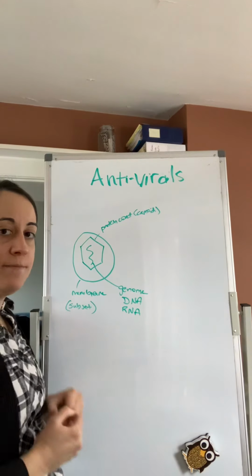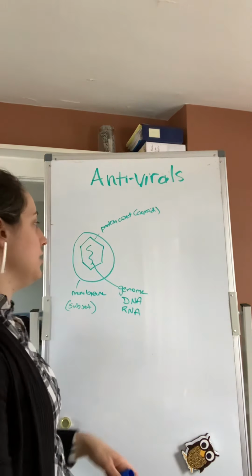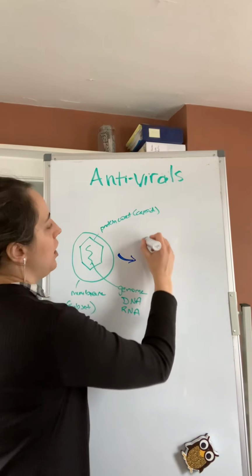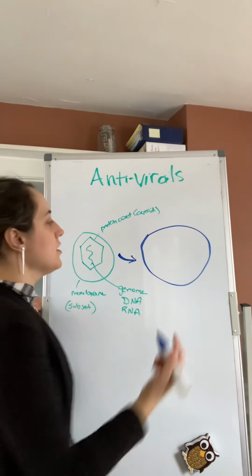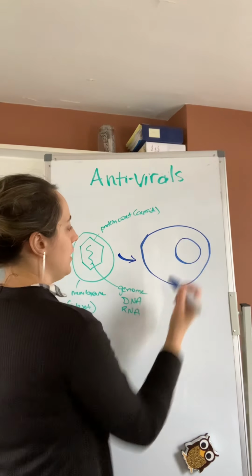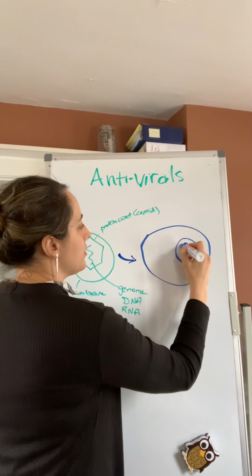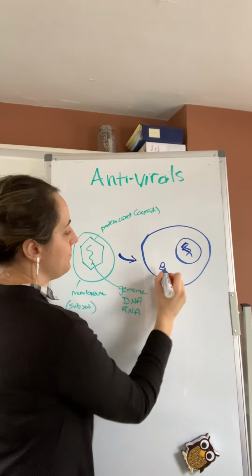Now, in addition to not having very many molecules that they consist of, viruses end up using our cellular machinery. So in other words, if this is a human cell, a virus is going to use human ribosomes.